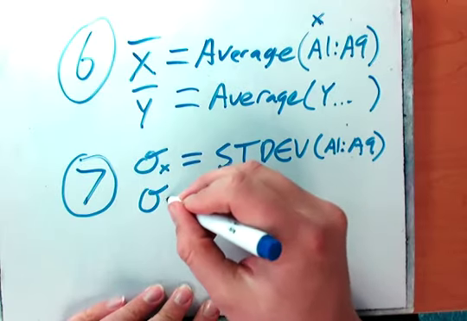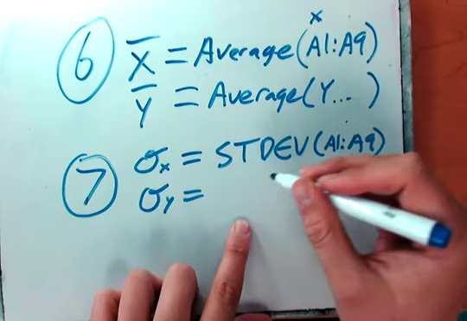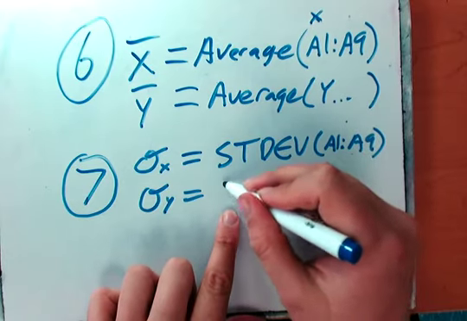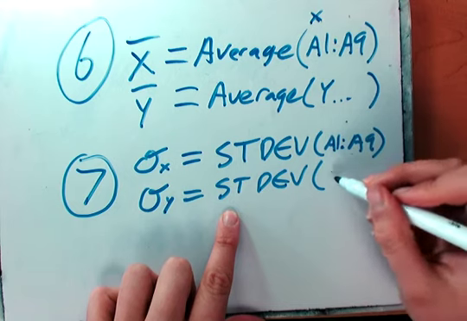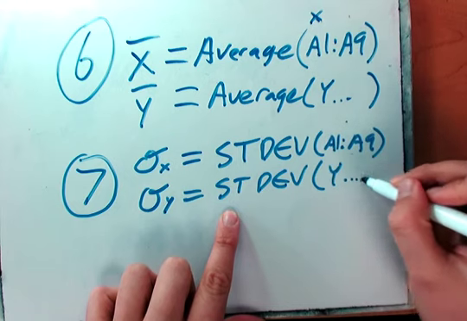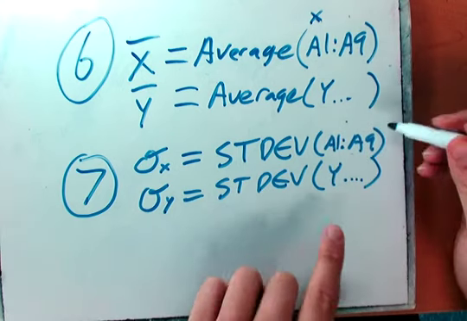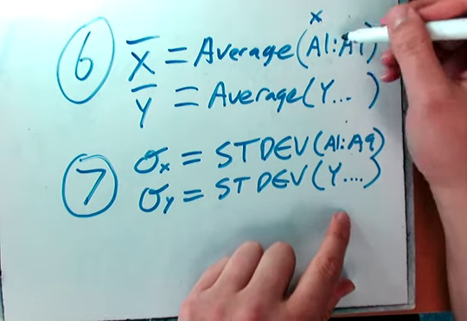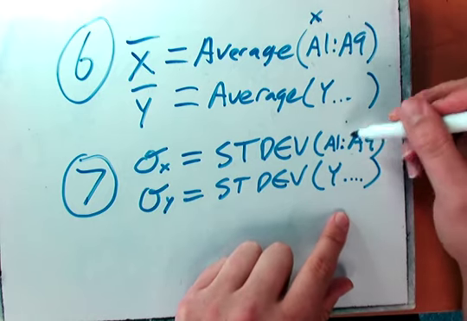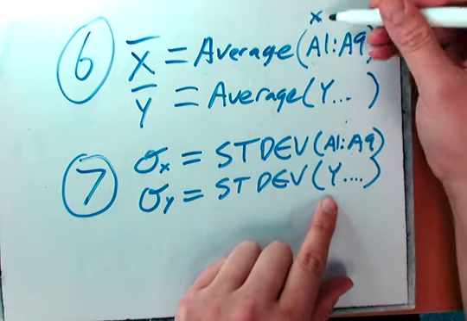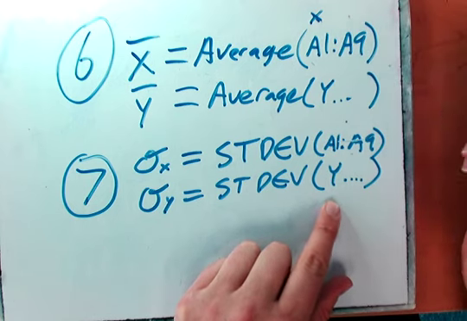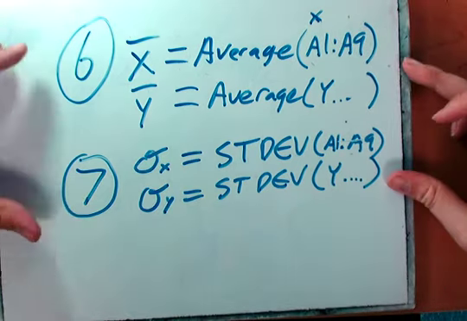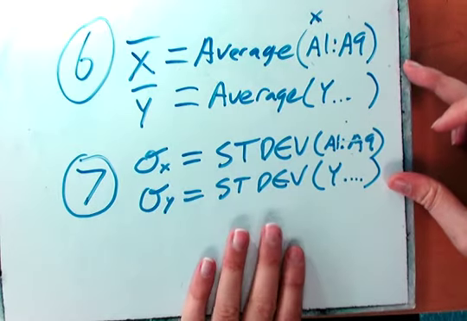And then the standard deviation of y is going to be STDEV. And then all your y data is going in here. So I'm just giving A1 to A9 as an example of what that might look like. This is the x, and this is the y. So that's how to calculate standard deviation.